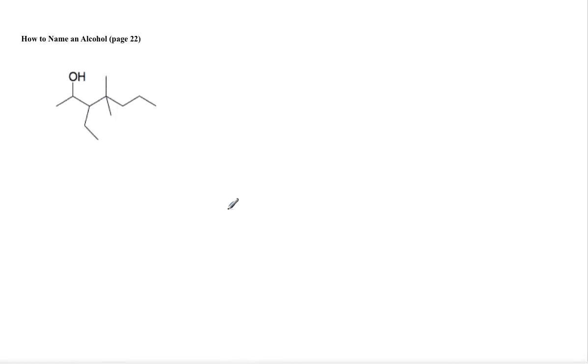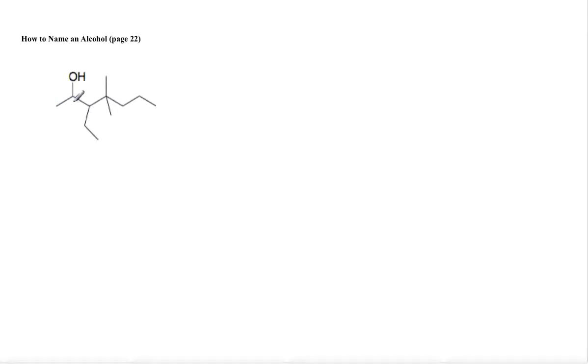So naming an alcohol. Now, in all of these families that we're going to look at, the naming really comes back to how to name an alkane. So our first step in naming an alkane, and therefore with any other molecule, is to identify the longest continuous chain of carbons. Now, because we have a functional group, just like with alkenes and alkynes, that functional group needs to be part of our longest chain.